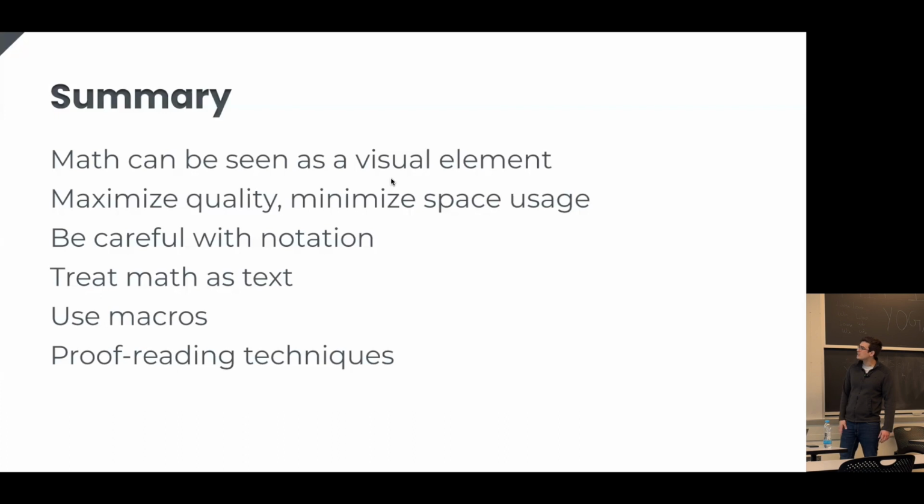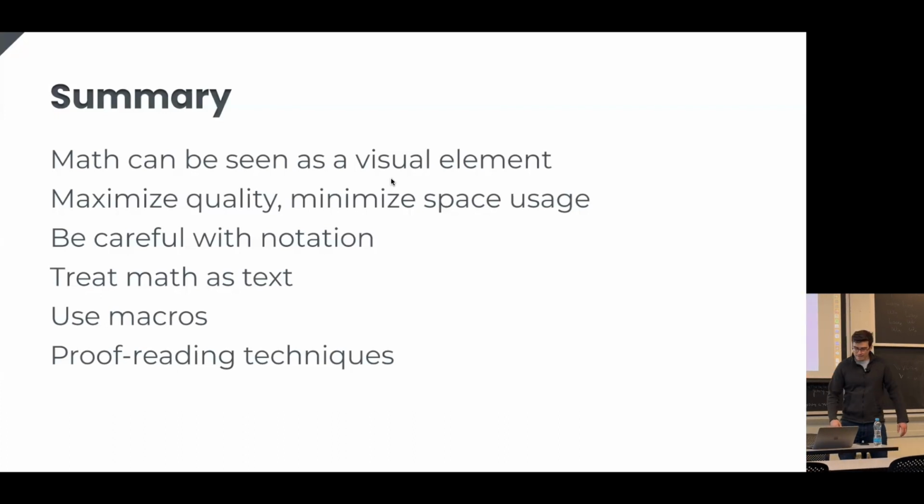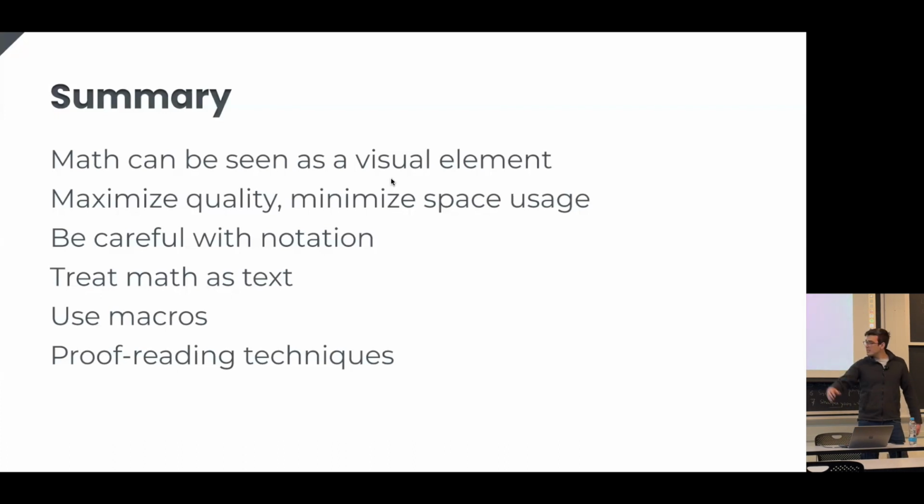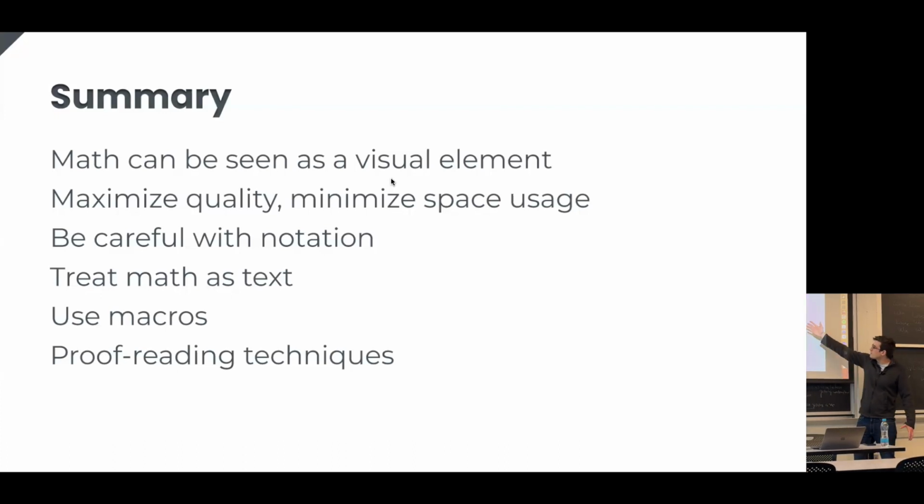So you've got to find the right place for it. You can imagine the process of paper writing as an optimization problem where you want to maximize the quality of the idea you're conveying while being constrained to some amount of space.